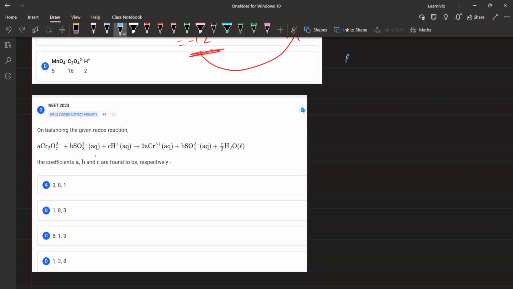So 6 electrons, and we're going from SO3 2 negative to SO4 2 negative.